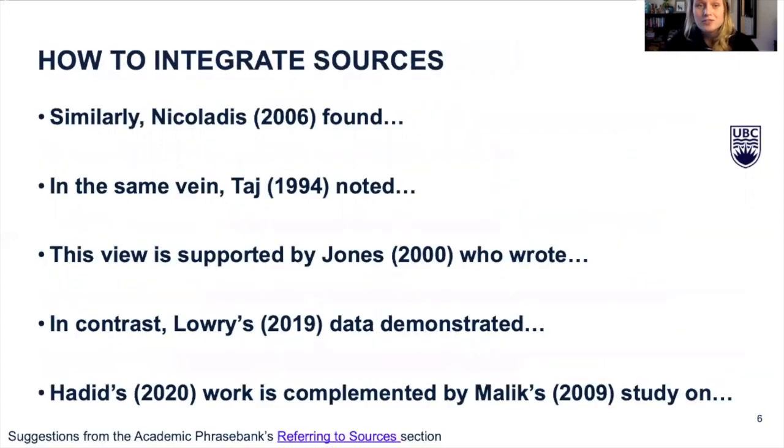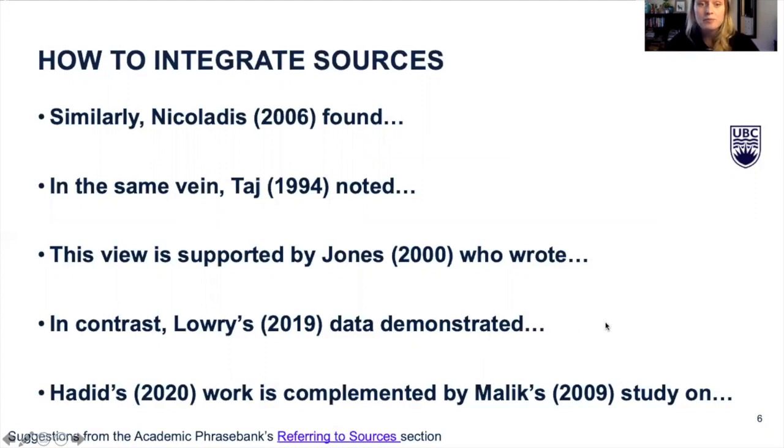Once you go to start writing your literature review, you'll want to ensure that you have reporting verbs. So these are words like found, or noted, or data demonstrated, or the findings suggested.